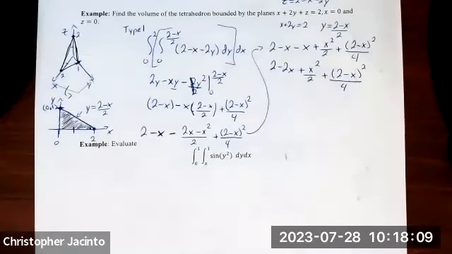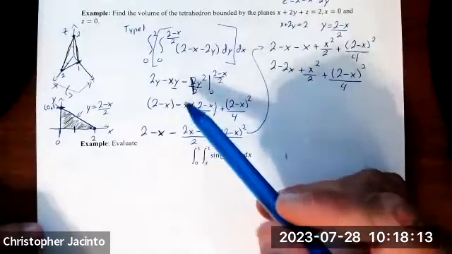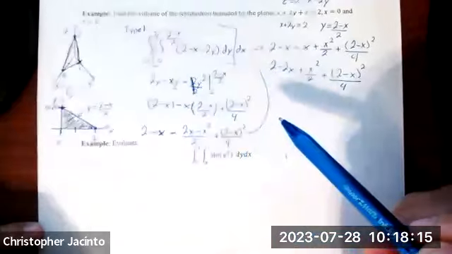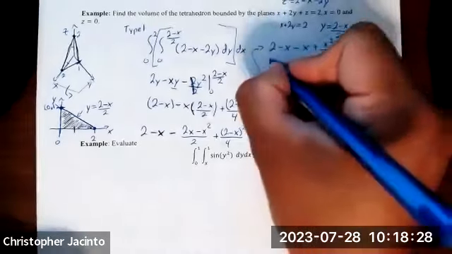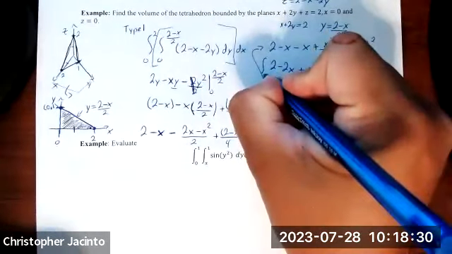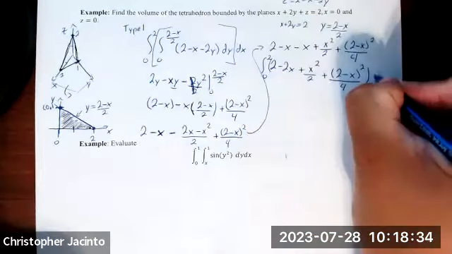That's a lot of work. All right. Good so far? I think I did my math correctly. All right. Now we're going to take the integral from 0 to 2 of all of this dx.